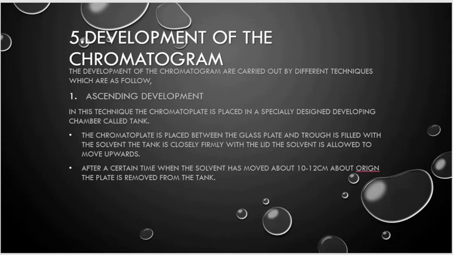As the name indicates, this is ascending development, moving from down to up. After a certain time, when the solvent has moved about 10 to 12 centimeters above the origin, the plate is removed from the tank. This is the timing when we have to remove our TLC plate from the tank.